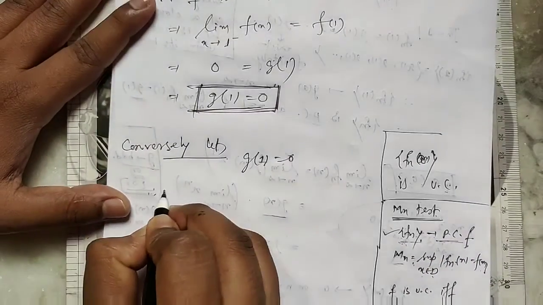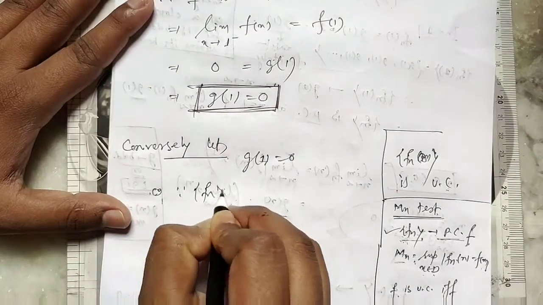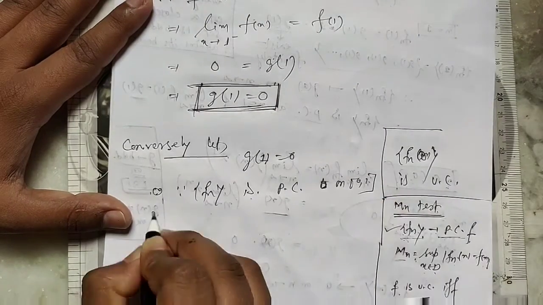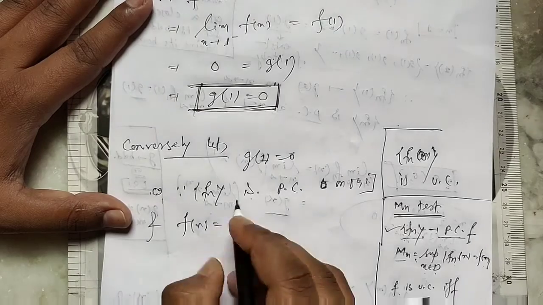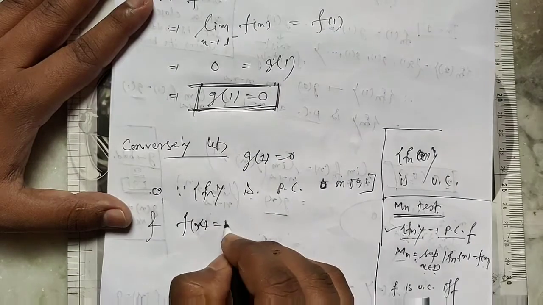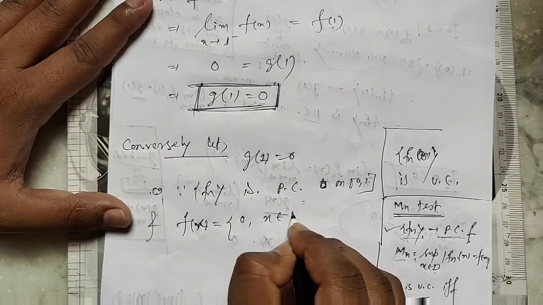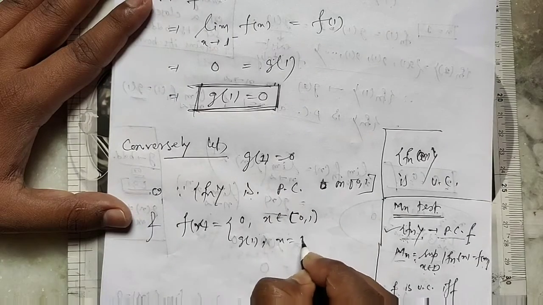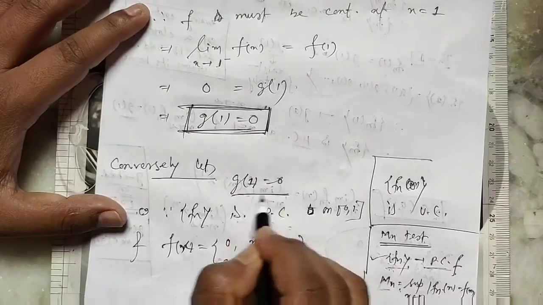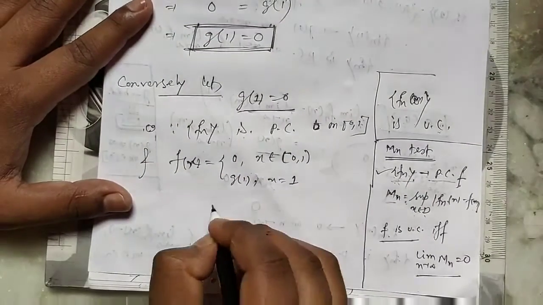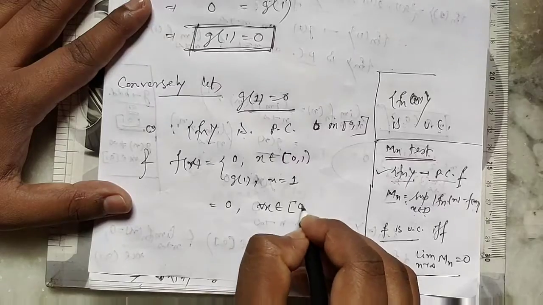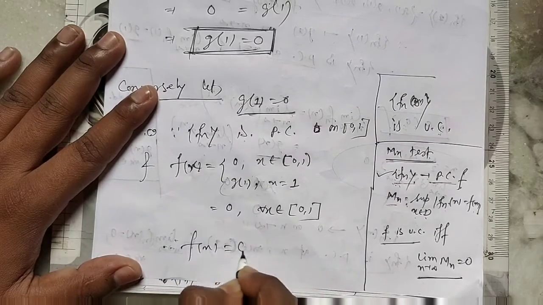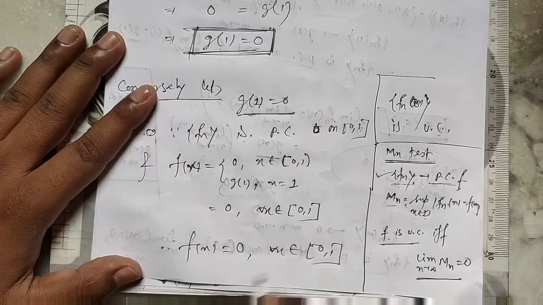Therefore the limit function is f(x) equal to 0 for x belongs to [0,1), and g of 1 for x equal to 1. Now in this case g of 1 equal to 0, so the limit function is f(x) equal to 0 for all x belongs to [0,1].